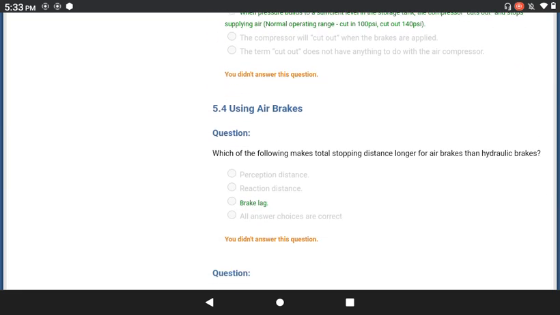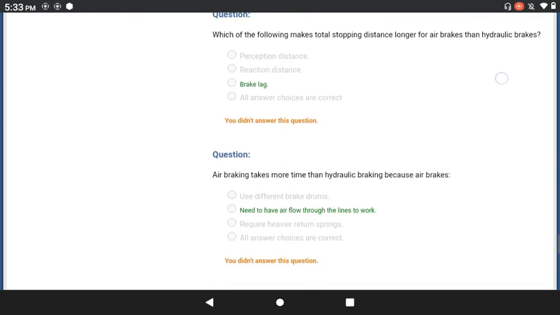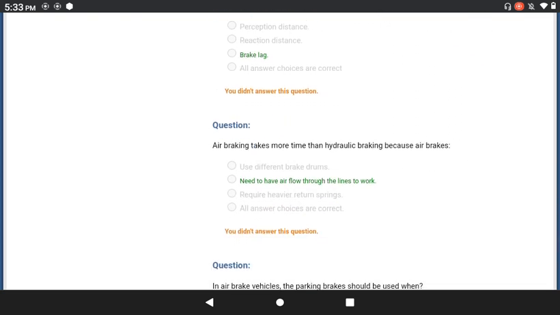Which of the following makes total stopping distance longer for air brakes than hydraulic brakes? That answer choice is brake lag. Air braking takes more time than hydraulic braking because air needs to flow through the lines to work.